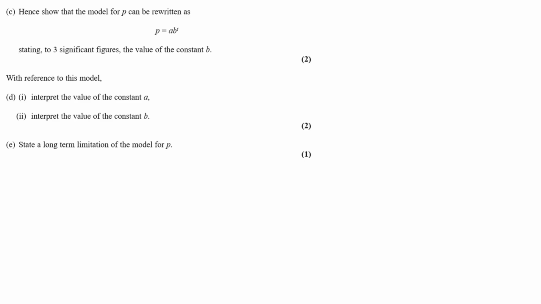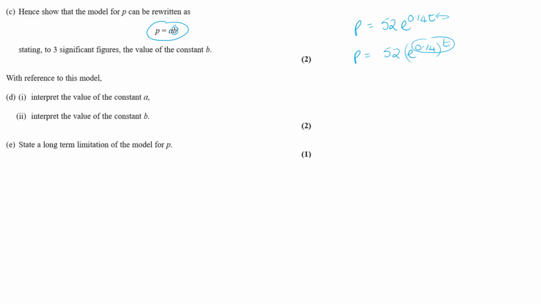Right, on to part C, we're being asked to hence show that the model can be written like this. So far we have P is equal to 52 e to the 0.14t. So we need to get rid of that e and replace it with some constant b. So we can rewrite this as 52 times e to the 0.14, all to the t, because the rules of indices would mean you'd multiply them together, which would just get back to here.